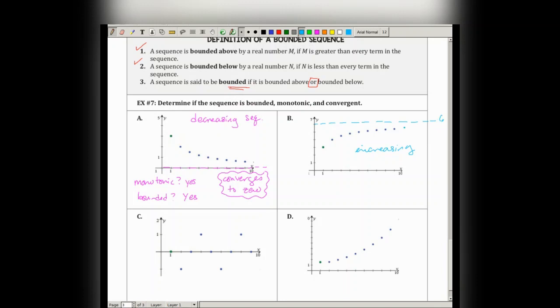So the 6 is actually higher than all of the terms in this sequence, and so it's bounded above. It's increasing and bounded. So therefore, is it monotonic? Okay. And so therefore, the sequence converges to 6.